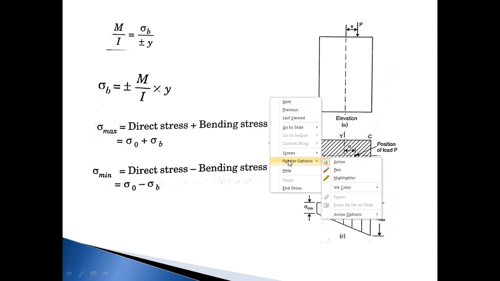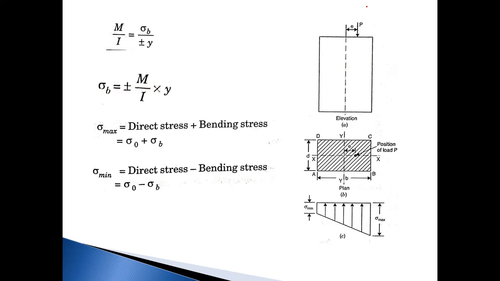Now let us see from this sketch. Due to this external P force, a moment M is generated. By using the flexural equation, M upon I is equal to sigma B upon Y. So to calculate sigma B, the bending stress, it is M upon I into Y. This is the bending stress.